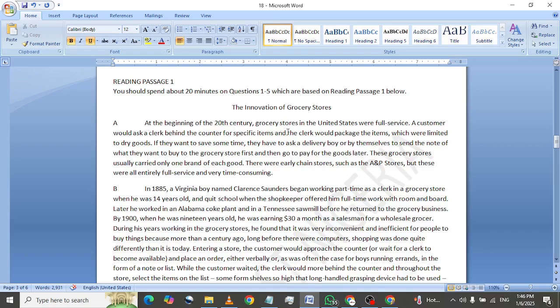Some people will say they like reading. Please, it's always advisable to scan, just scan, so that you will not end up spending time reading the whole passage. Okay, we are looking for Clarence carrying out his new idea. They said Clarence Saunders became working part-time.